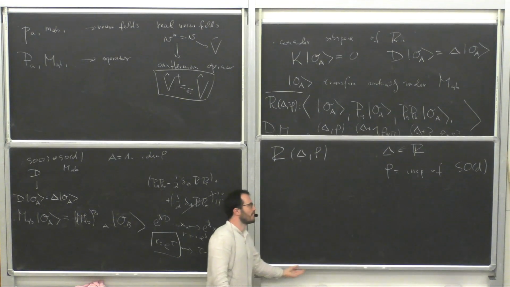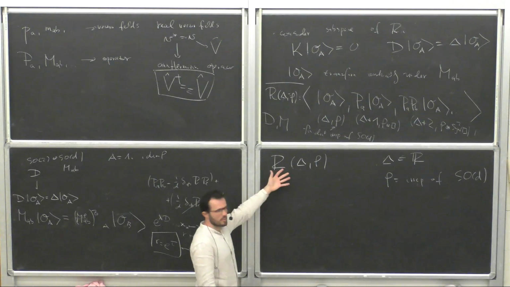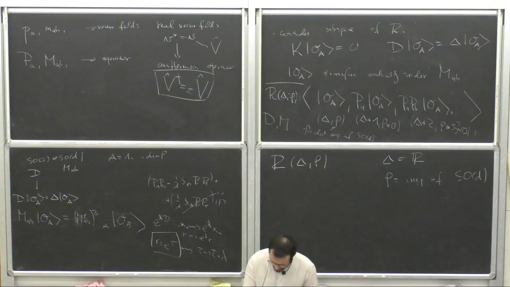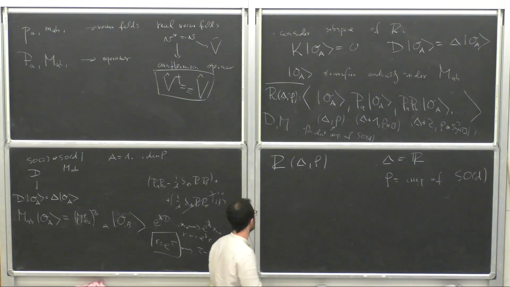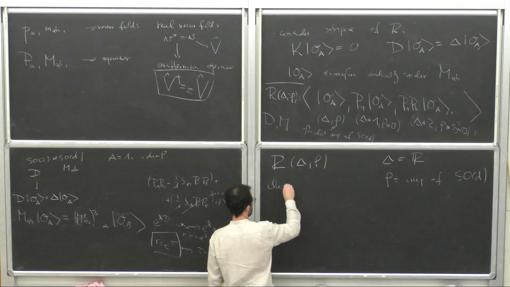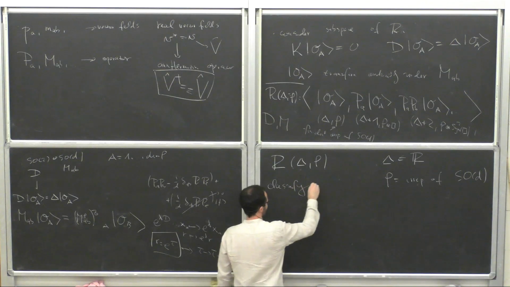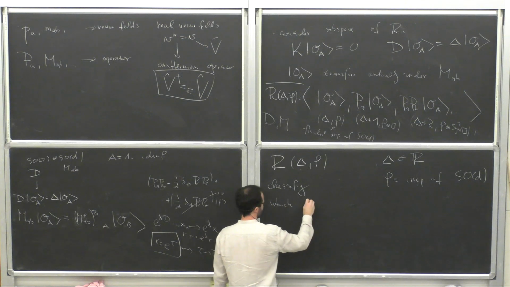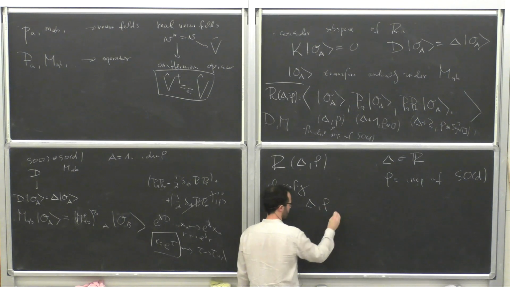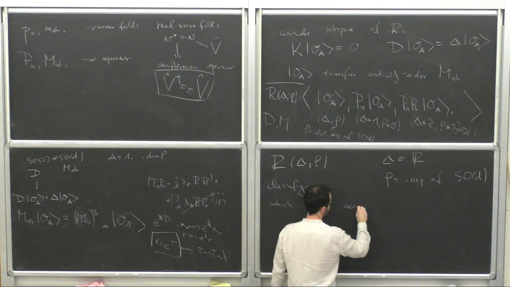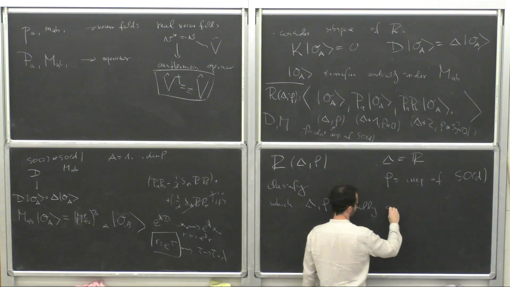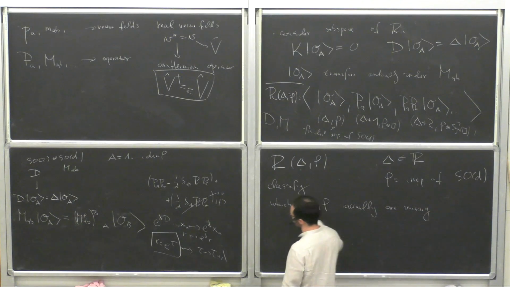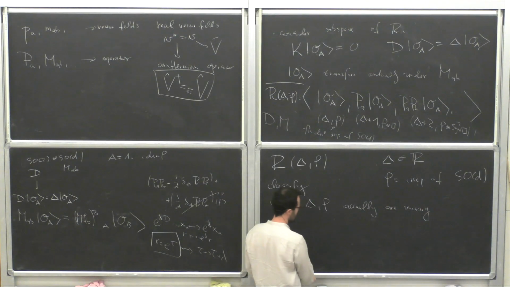But it turns out that not all of these representations are actually unitary. Only some subset is unitary. We still want to classify which delta and rho are unitary. Unitary means that there's an inner product such that those hermiticity conditions, the ones we wrote down before, are true.